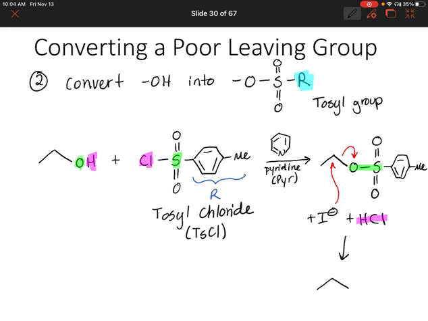And we get our alkyl halide that we wanted. And we also get another product, which is the ion of the tosyl group. And I'm just going to write R for the benzene ring with the methyl group attached.